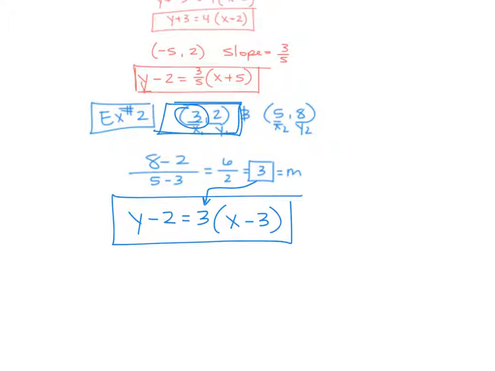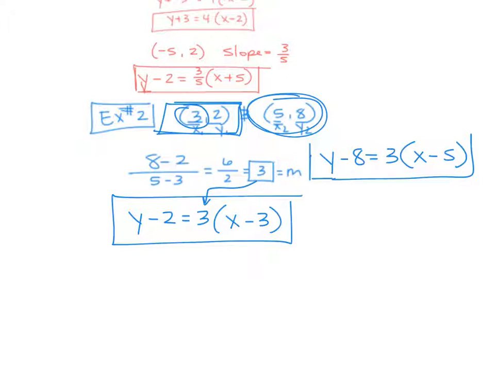Okay, so that's one option in point slope form. Your other option is you could have used the second point, and then it would have been y minus 8 equals 3 times x minus 5. So pick one. I don't need both. It's just extra work for you to give me both. Okay?